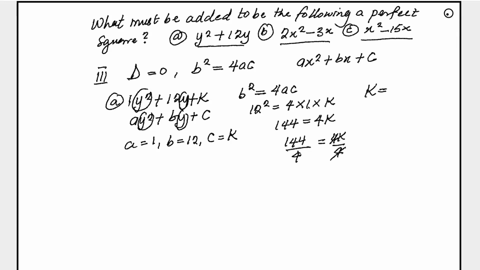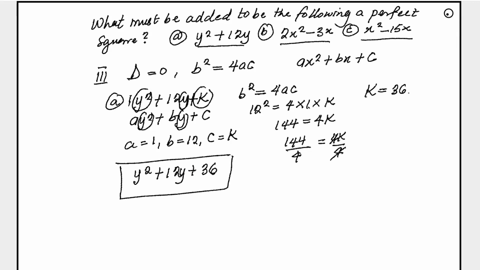That is 36. So what must be added to y squared plus 12y to make it a perfect square? We said what must be added is k. And what is k? 36. So plus 36. That is what needs to be added to this to make it a perfect square.